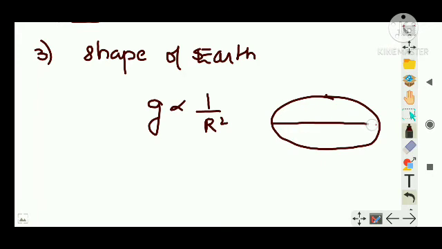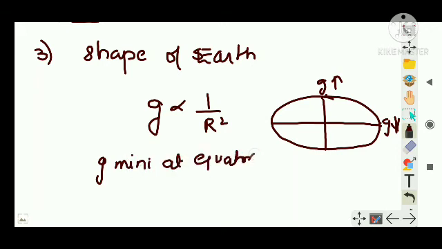Here r is greater, so the g will be less. Here the r is less, so the g will be greater. So from equator to the poles, g's value increases, that is, g is minimum at equator and g is maximum at poles.